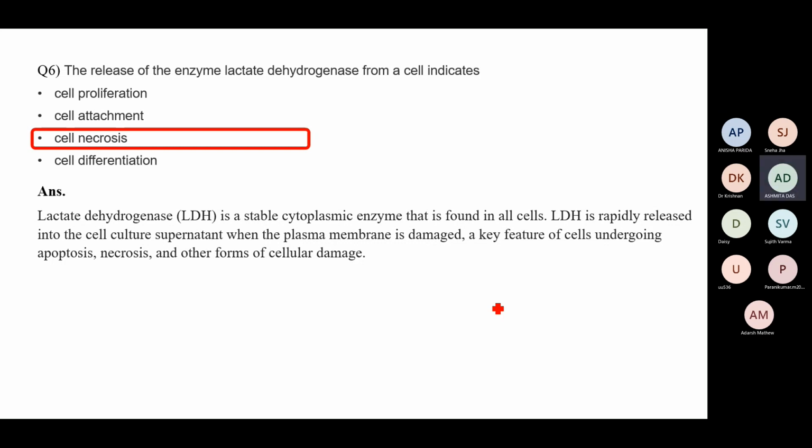The LDH activity can be easily quantified using the NADH produced during the conversion of lactate to pyruvate, or to reduce a second compound in a coupled reaction into a product with a property that can be easily quantified. The protocol most commonly used is the reduction of a tetrazolium salt INT by NADH into a red water-soluble formazan dye, measured by absorbance at 492. From there we can find whether the cell has necrosis or not.